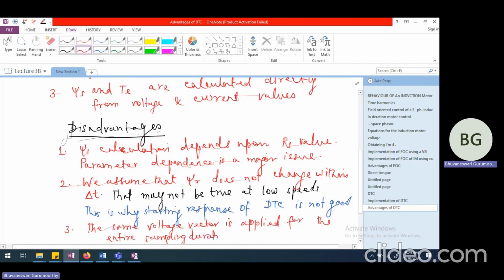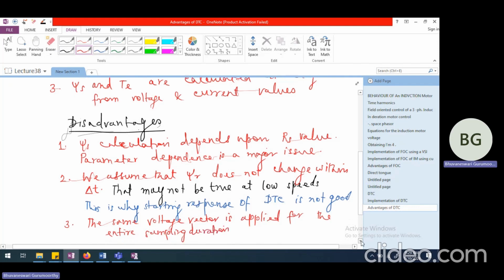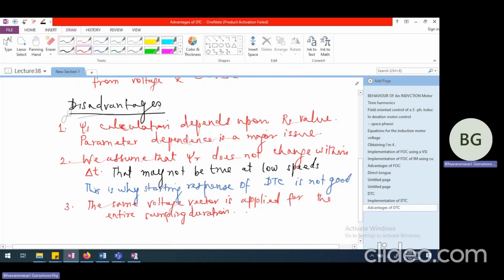So sometimes the torque value and flux value can overshoot. If you see that the flux error is now positive, it can go into the negative direction in the next sampling time itself. So there can be overshoot in psi S and TE values.